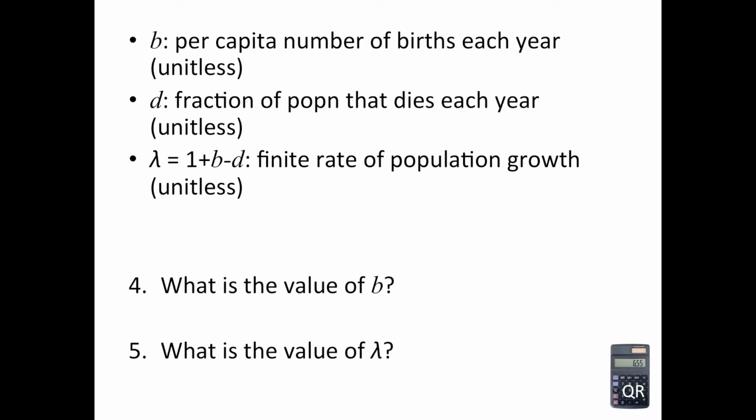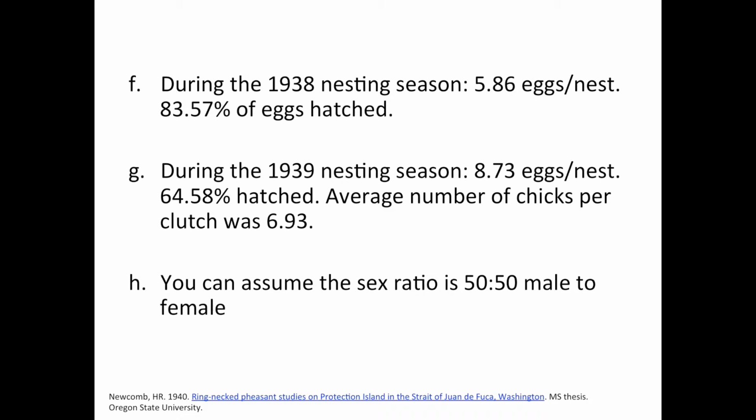The information given in the thesis about reproduction is that during the 1938 nesting season, there were 5.86 eggs per nest, and 83.57% of the eggs hatched.